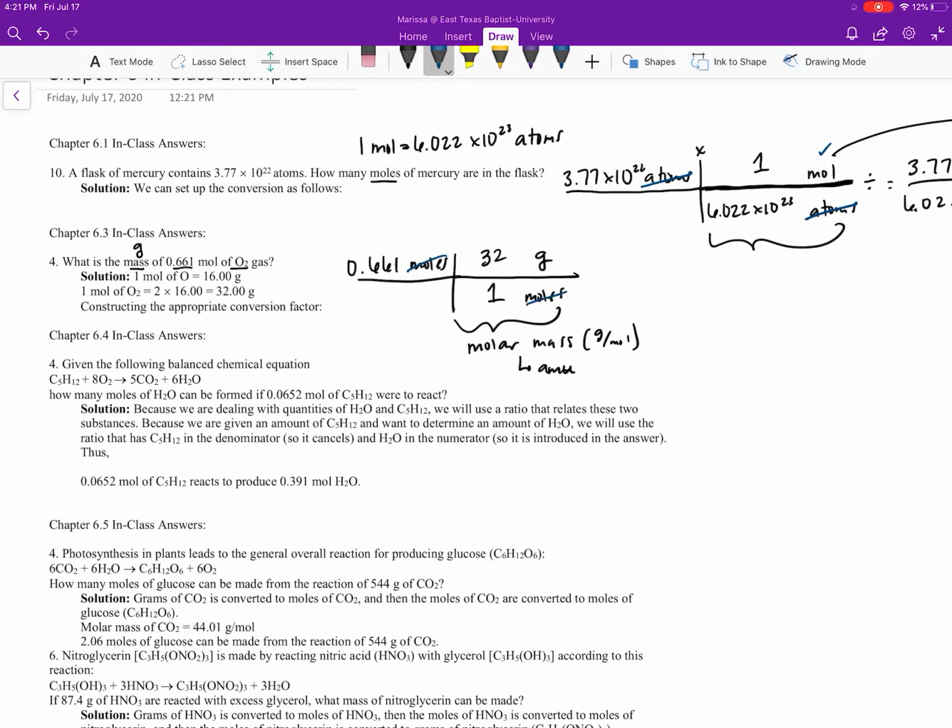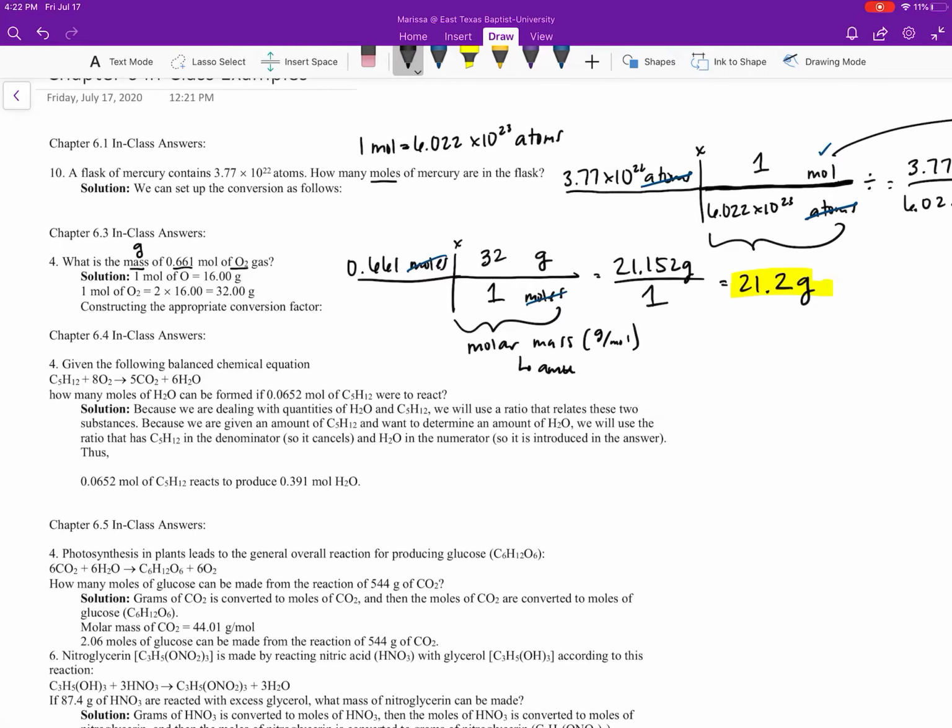My moles will cancel out, so then I'm going to multiply everything on top. So I'm going to get 21.152, divide that by 1. It's going to be 21.2 grams because of the 3 sig figs.